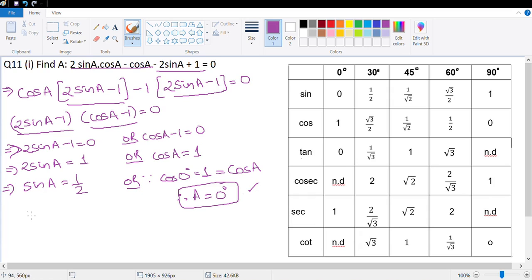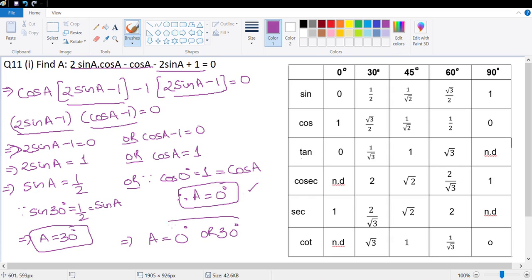Now since sine 30 degree is equal to 1 upon 2, which is given equal to sine A, this means A is equal to 30 degree. So I have two values of A, which means A is equal to 0 degree or 30 degree. That finishes this question for me.